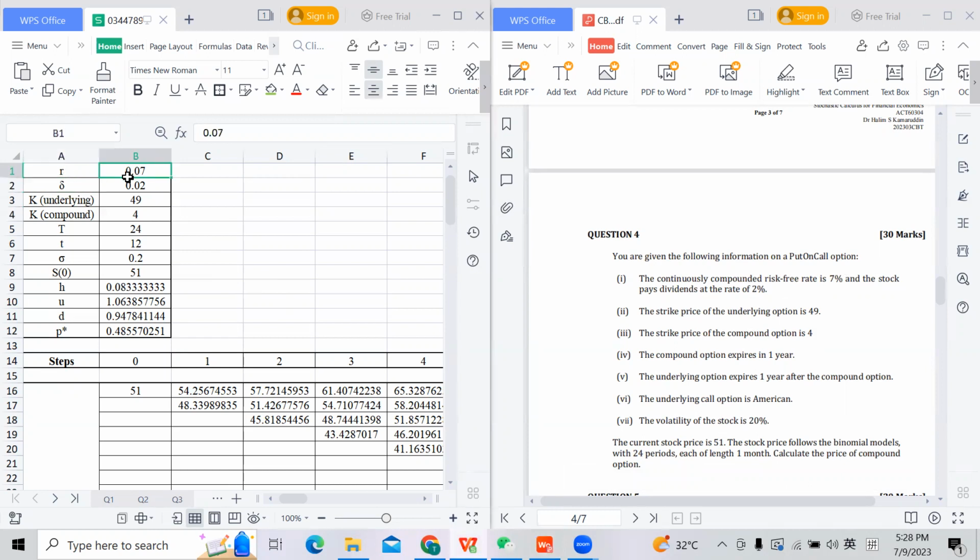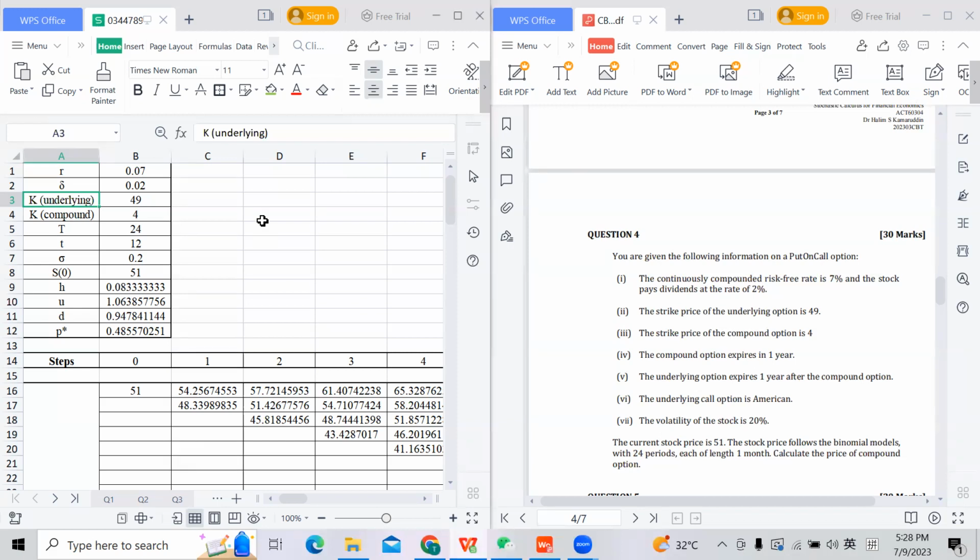First we need to enter all the parameters. R is the risk-free rate, which is 0.07, and delta is the dividend rate, which is 2%.